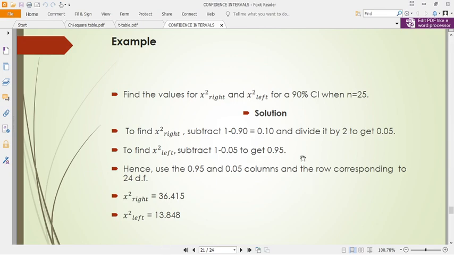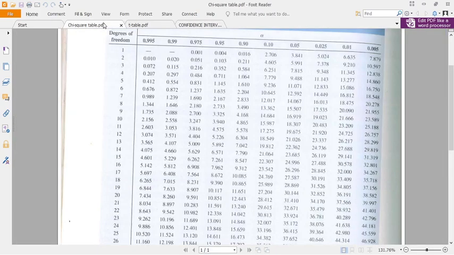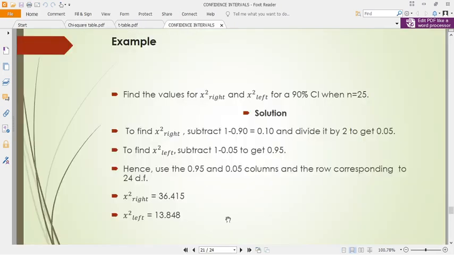So the difference is 0.95. So we look for 0.95 and then 24 degrees of freedom. So 0.95 is here, and then 24 degrees of freedom, which is 13.848. So those are the values.